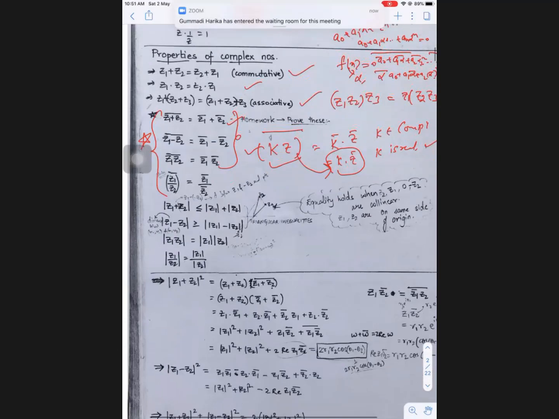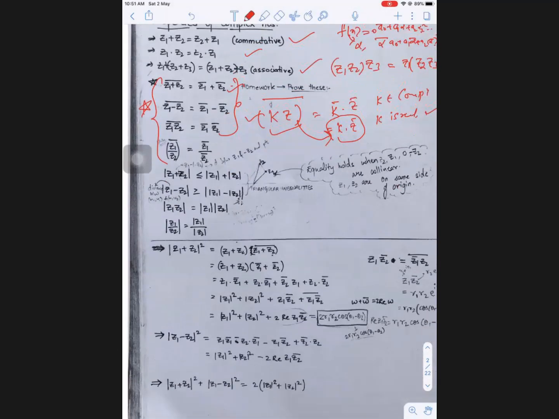Okay. Next important result is the triangular inequalities. Mod of (Z1 plus Z2) is less than or equal to mod Z1 plus mod Z2. Similarly, mod of (Z1 minus Z2) is greater than or equal to the modulus of (mod Z1 minus mod Z2).